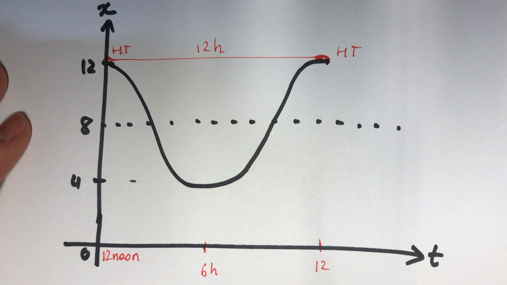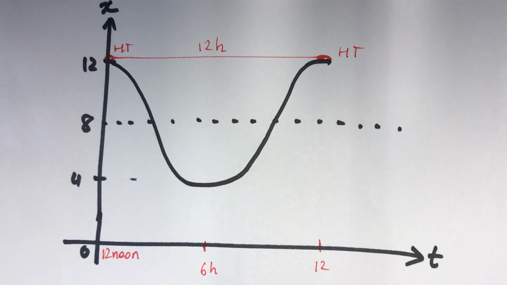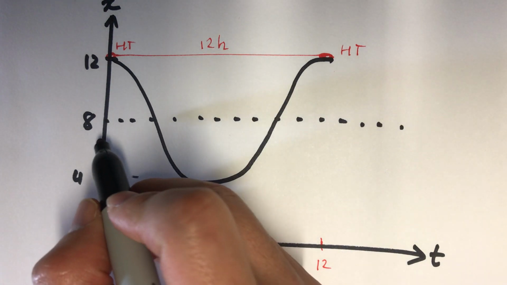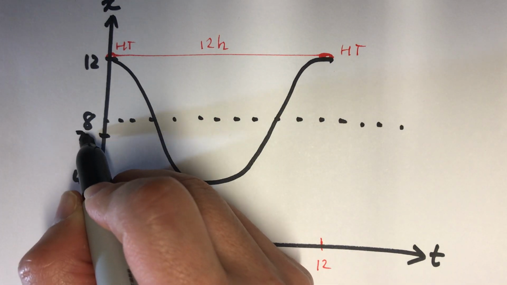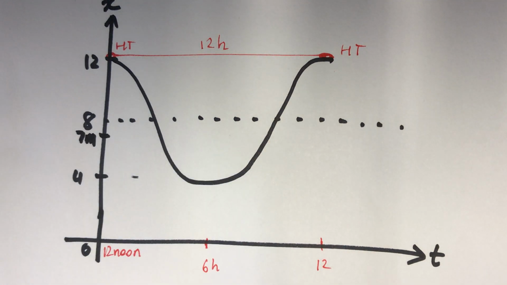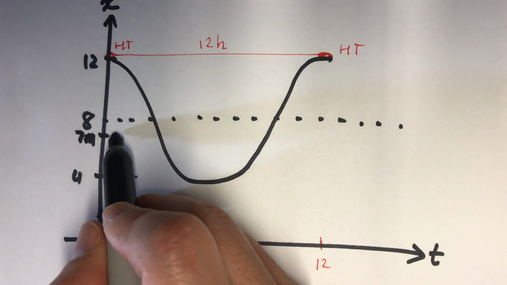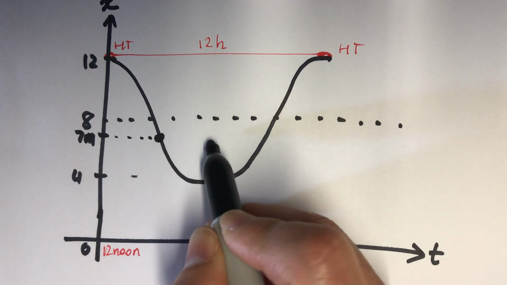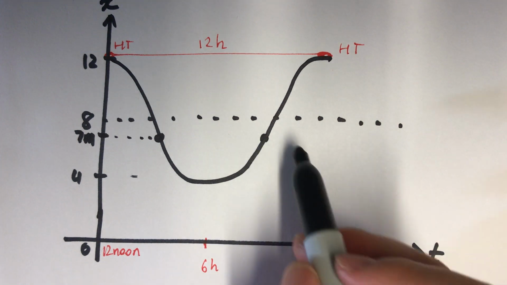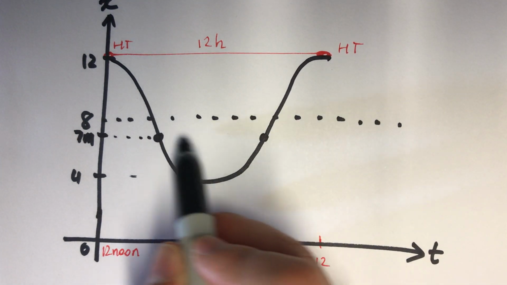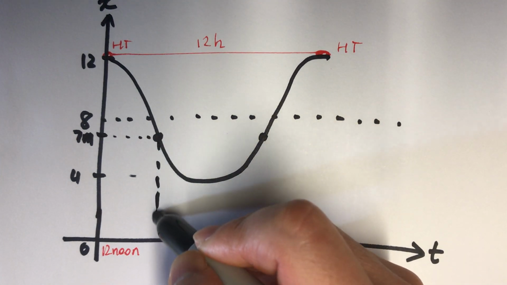Now let's think about this. The ship is 7 meters long. Water cannot be higher than 7 meters, otherwise you can't get in, right? So 7 meters is right there, sort of. Okay, so we need to find here and here.